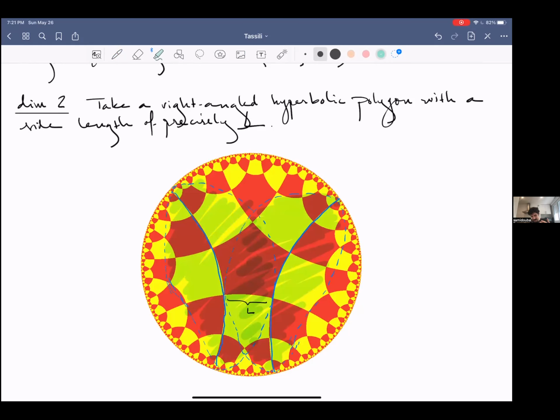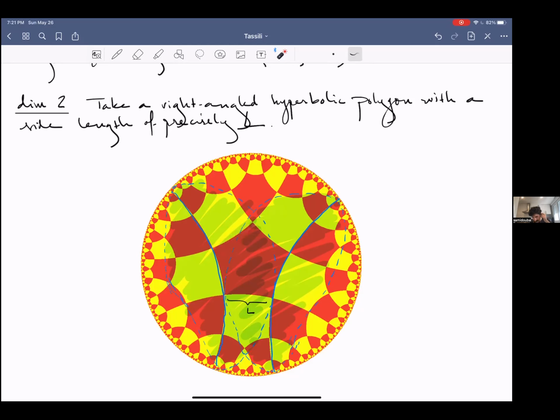The issue is that initially, for example, if this side length was smaller than L, in this picture it's not, unfortunately, but if it were smaller than L, then I would have an orthogeodesic here that's quite short.